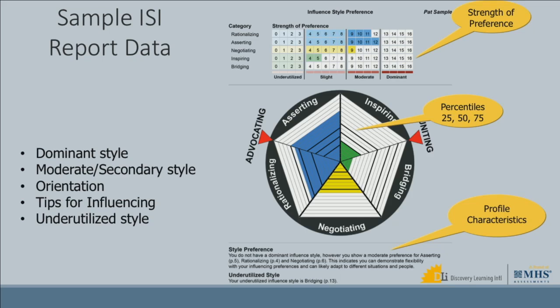This comes with a tool report of about a dozen pages that gives you lots of information about each style, what they look and sound like, and how to access them. And if there's a style that's underutilized, something that you tend to really avoid, like the bridging in this case, it highlights that.